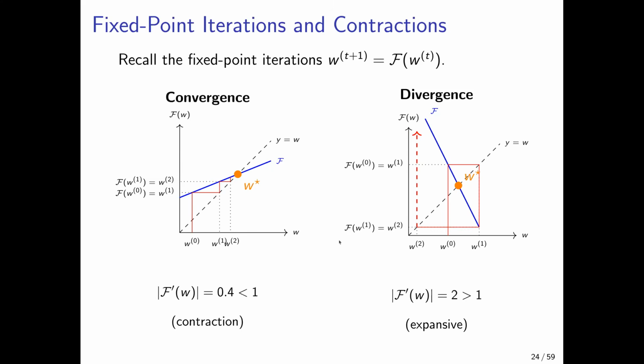Well, on the right-hand side, for this function, which is also linear, but it has a slope of -2, the derivative is -2, again constant, and in absolute value it's 2, which is strictly larger than 1. So this is not a contraction.